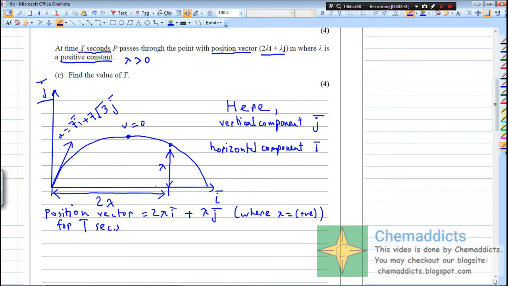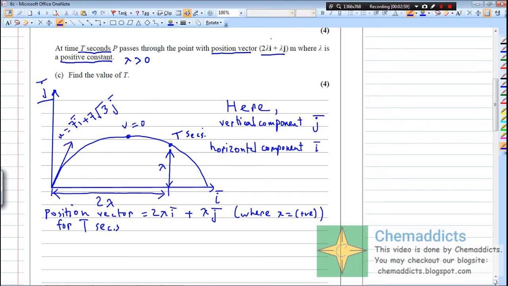Okay, at t seconds the position vector is 2 lambda on the horizontal axis. The horizontal displacement is 2 lambda, and the vertical displacement would be lambda.